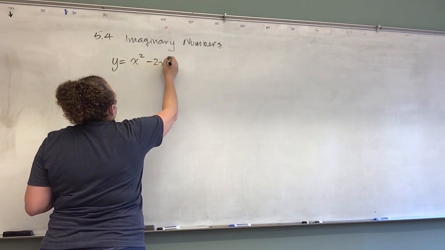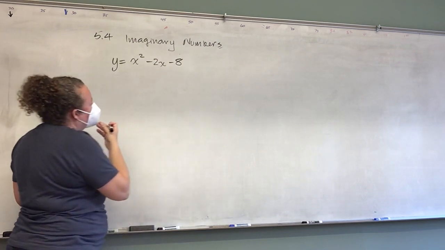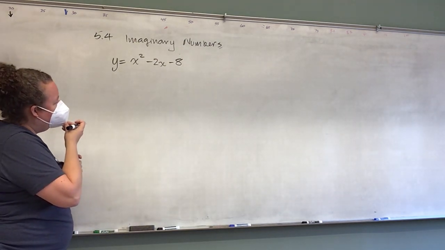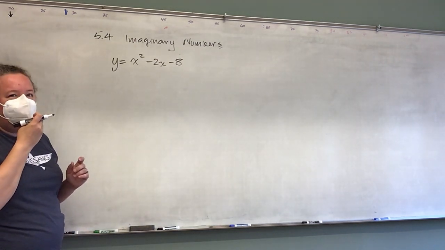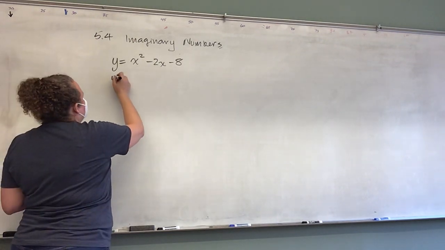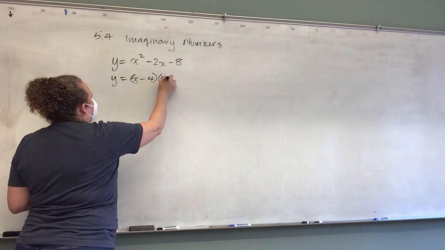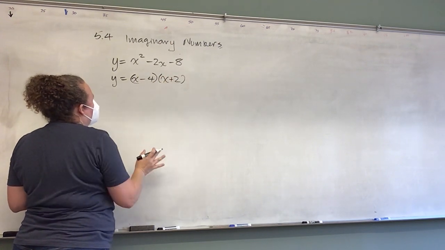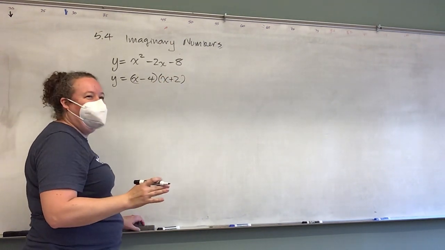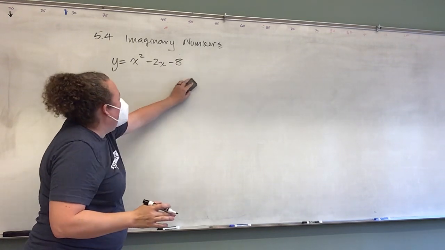What do we have? x squared minus 2x minus 8. Is that right? Is that what we had before? We had y equals x minus 4 times x plus 2. Yeah, that's what we had.